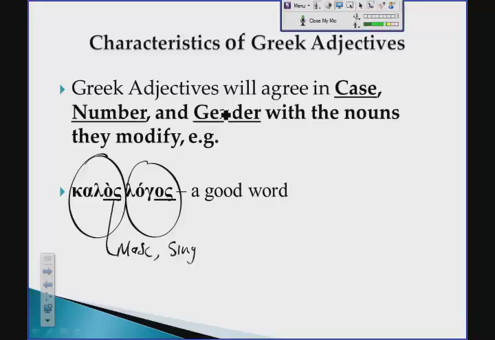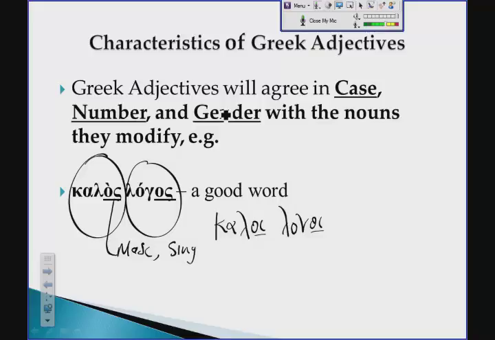If it was plural, how would it be? Kaloi logoi. That is good words. Okay? It will look like that. Kaloi and then logoi. Look at that ending. They will always agree in case, number, and gender.